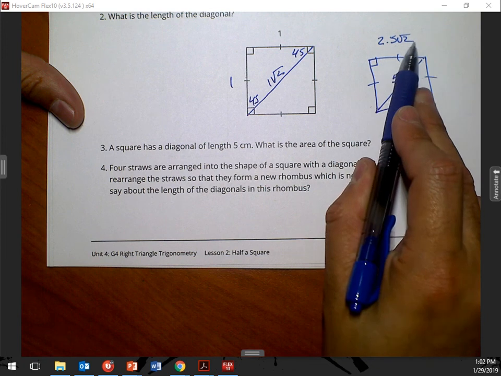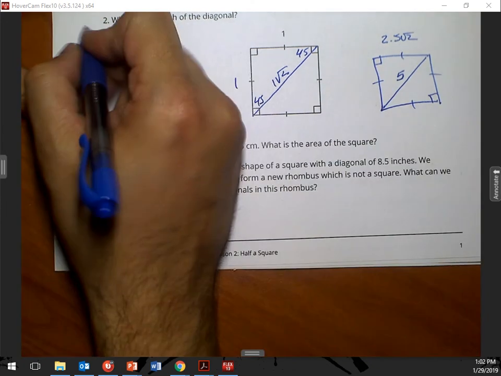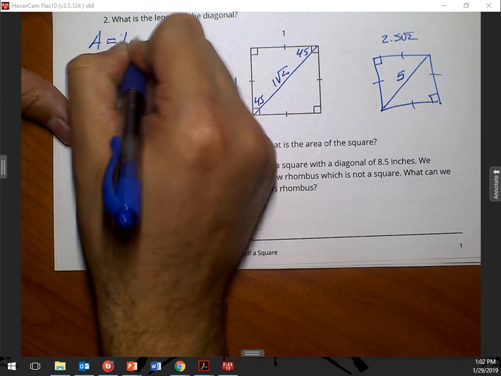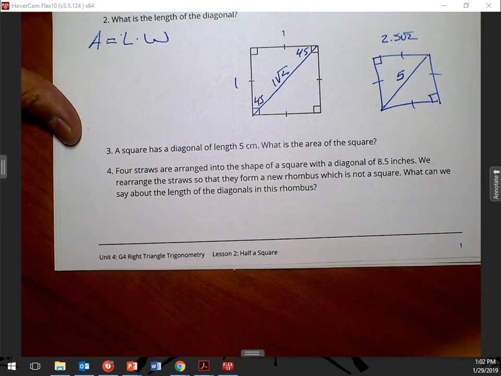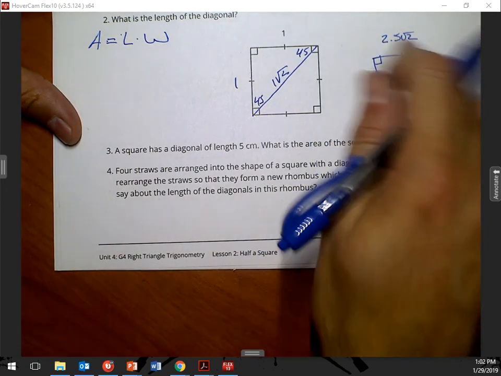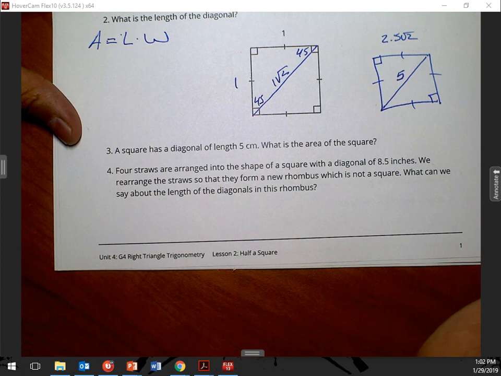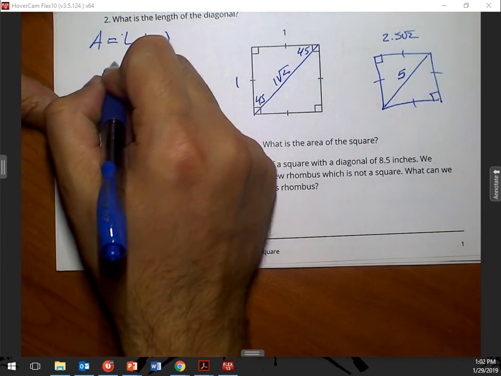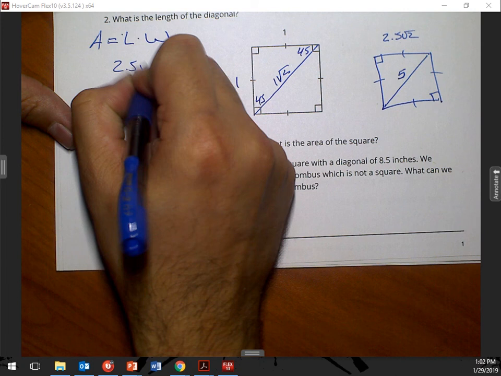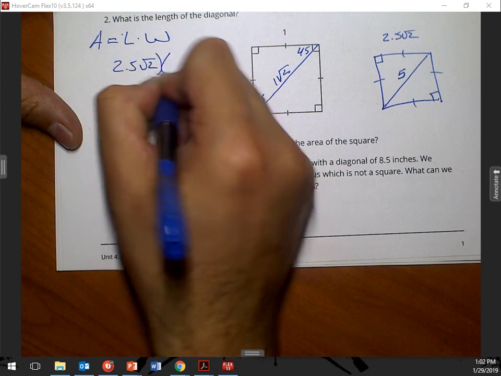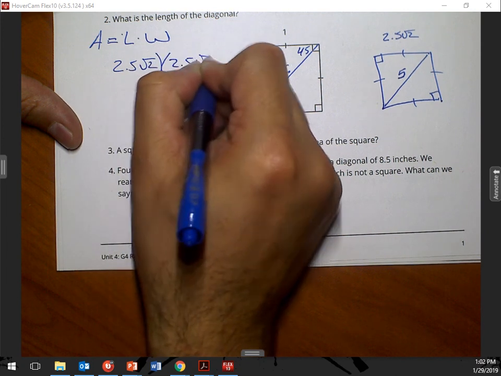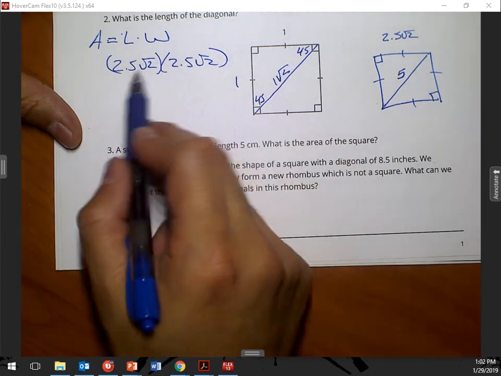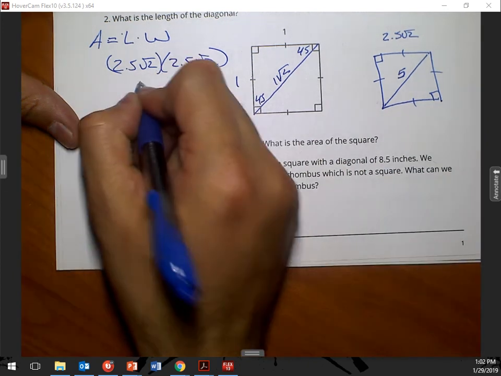Now, how do you find the area of a square? Length times width, base times height, right? So it's actually going to be this times itself: 2.5 root 2 times 2.5 root 2. You can do that in the calculator.